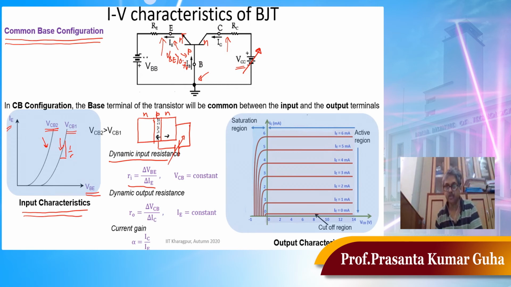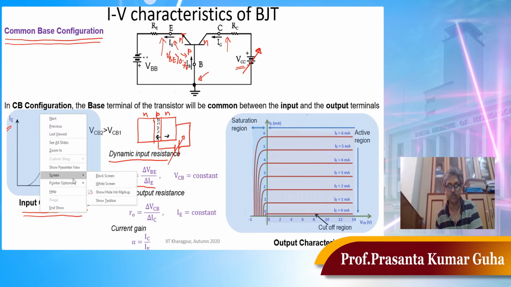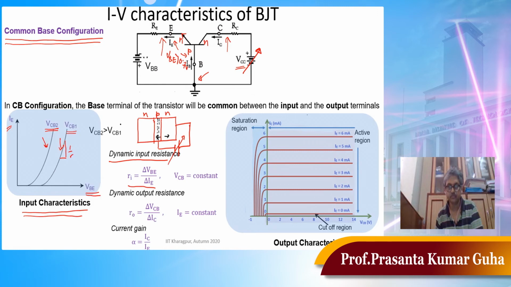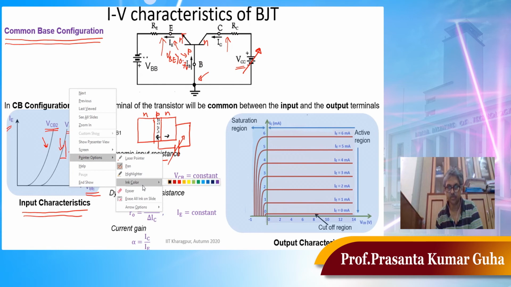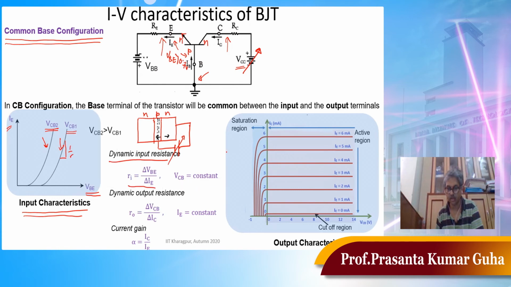Okay, let me zoom it a bit further. So what I am trying to show here, let me choose another color again. So say this is my base. Okay, this is my base.